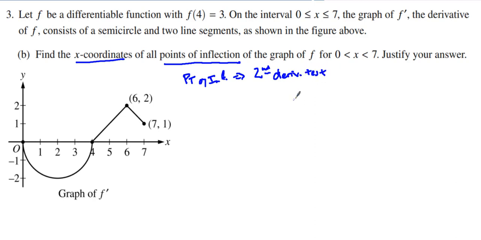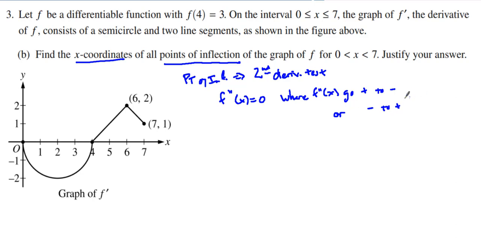Points of inflection are when we're looking at when the second derivative of a function f is equal to 0, when f prime prime of x is equal to 0. Those are possible points of inflection, but we're specifically looking at where f prime prime of x goes from positive to negative or negative to positive.